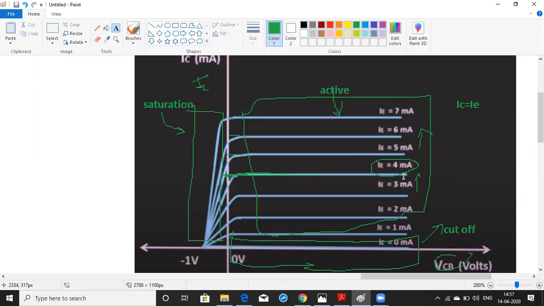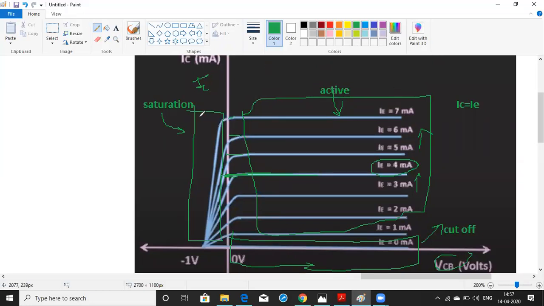So whenever you increase the emitter current, that is the input current, the collector current will also increase, but it is not affected by the change in collector base voltage. This concept goes under the active region.